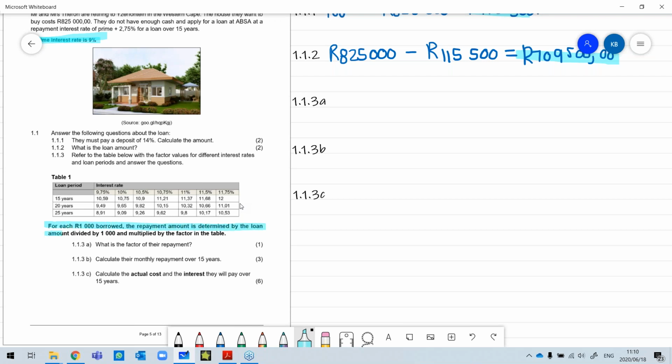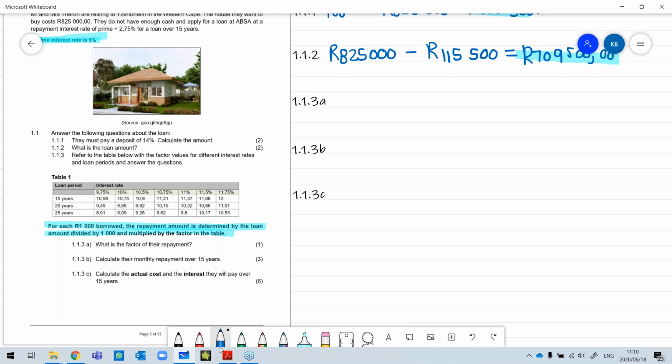For each R1,000 borrowed, the repayment amount is determined by the loan amount divided by 1,000 and multiplied by the factor in the table. In general, this formula will be given to you as an equation, but for the purpose of this paper, they have given you the formula by describing in words what you should do. So please do not read across that. It is extremely important information.